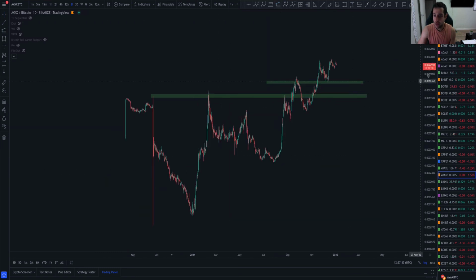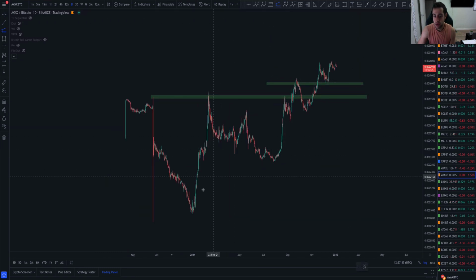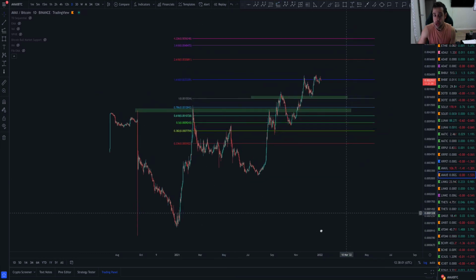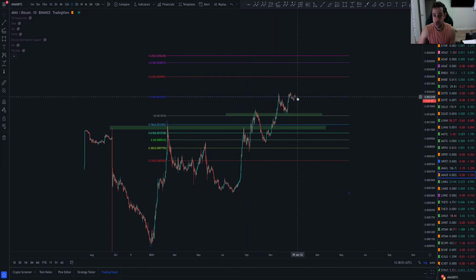But again, we're looking at our key fib relationships, and if we have a look at Avalanche at some point, either now or into the future, we can see that we're at that 1.618. We always mark those key fib extensions from the major impulses.